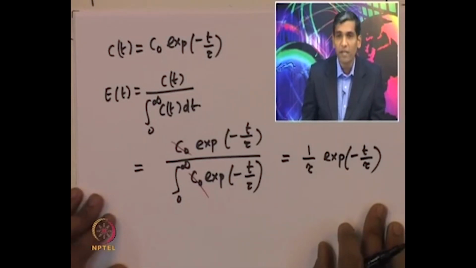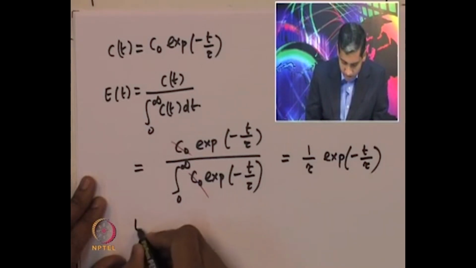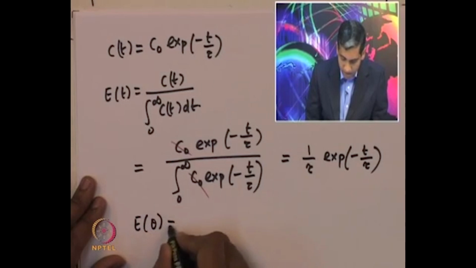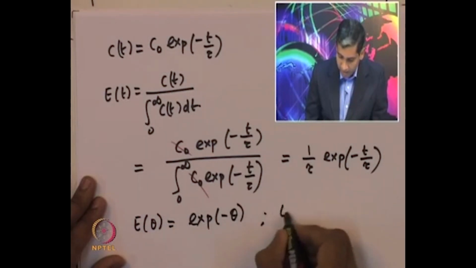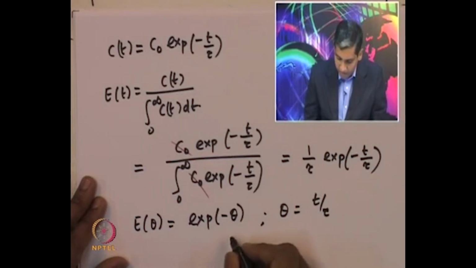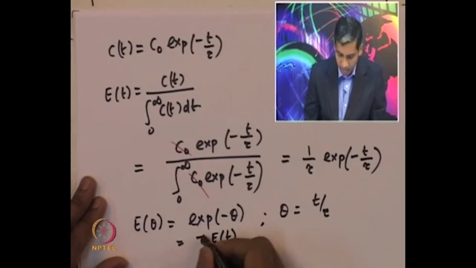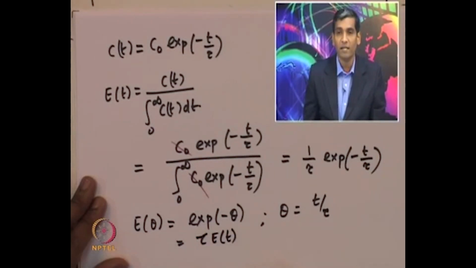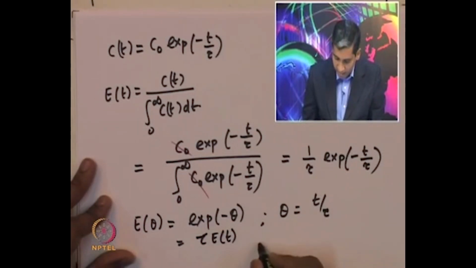Now, in terms of the dimensionless, normalized RTD function, E of theta is given by exponential of minus theta, where theta is t by tau, and E of theta is nothing but tau times E of t. That is the normalized residence time distribution function, and now we can find the F curve.